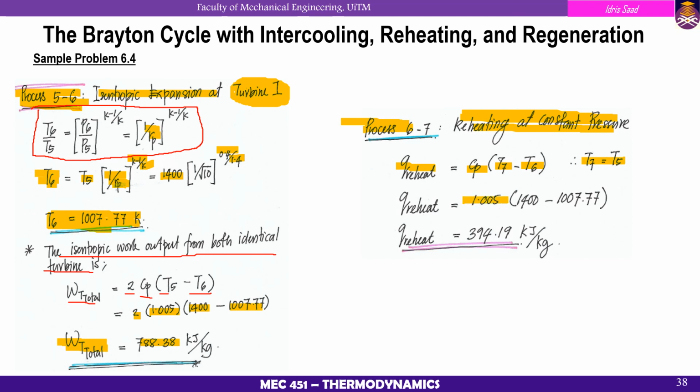Cp is equal to 1.005, T7 equals T5 equals 1400, and T6 is equal to 1007.77 as we calculated earlier. So now we can determine the value of Q reheat, which is equal to 394.19 kilojoule per kilogram.